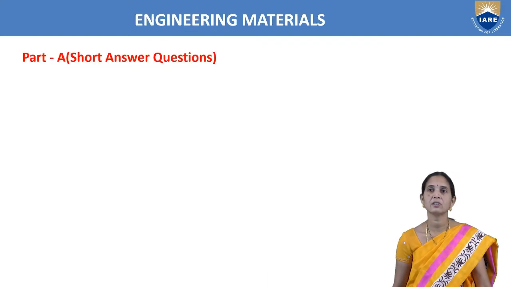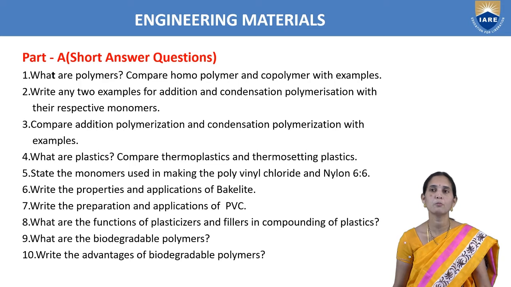So here we can write: compare homopolymer and copolymer. Homopolymer is prepared by taking the same kind of monomers, example polyethylene. Copolymers are prepared by taking 2 different monomers. For example, nylon 6,6 and vulcanized rubber.